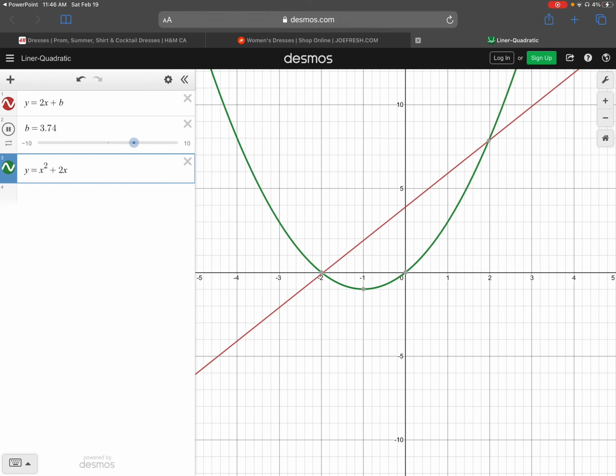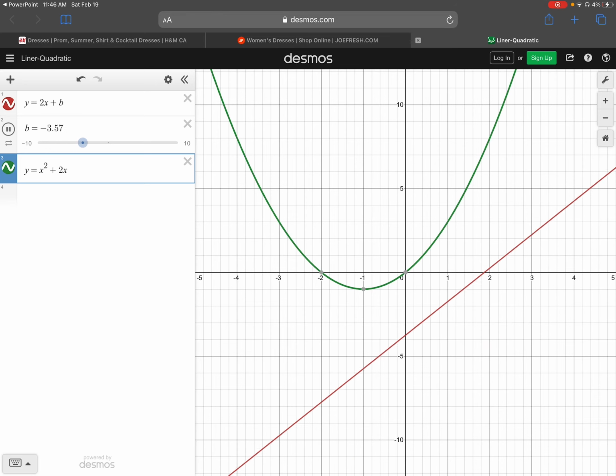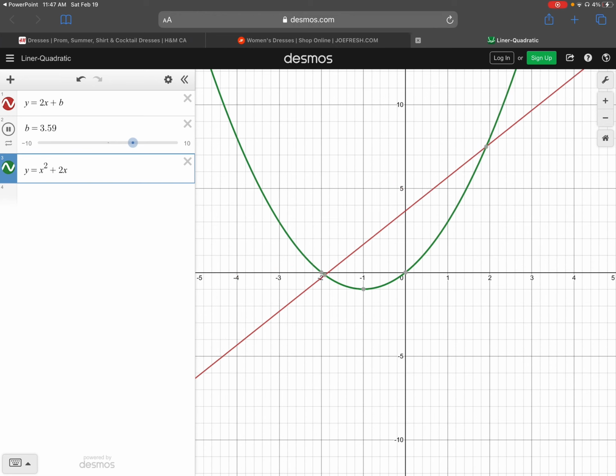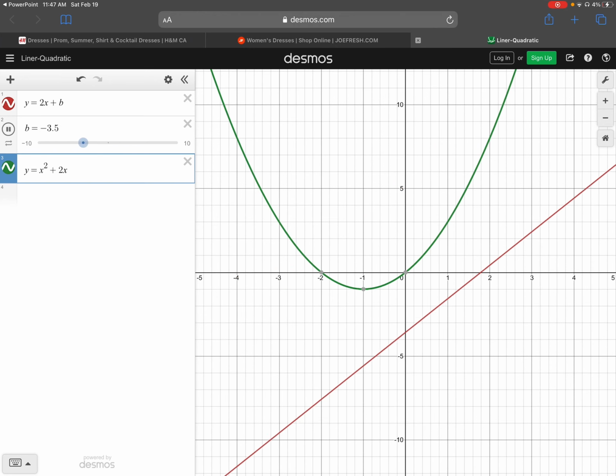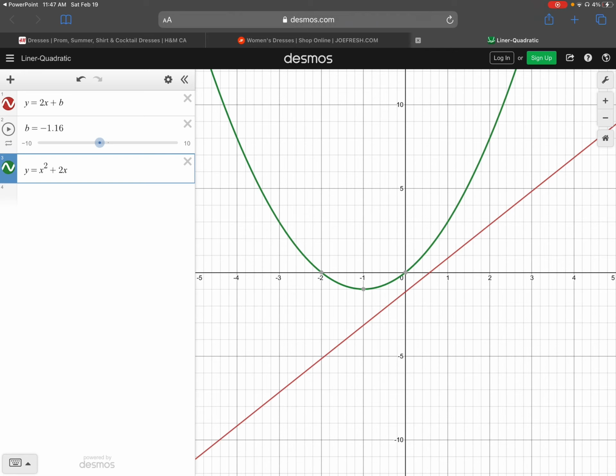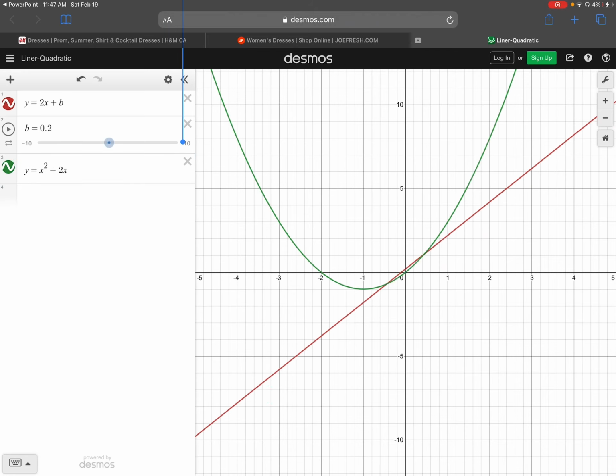So we can see as the y-intercept changes from -10 to 10, our solutions change. We can actually see sometimes where there's two solutions and where there's no solutions. There's also the rare case where we just get one solution.